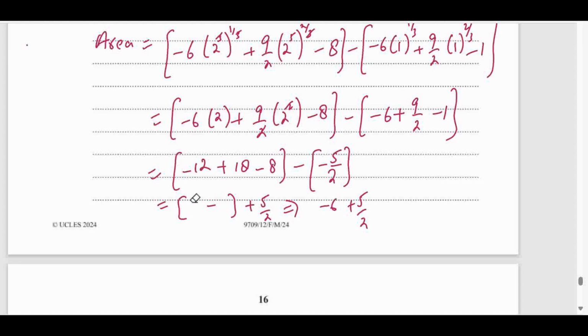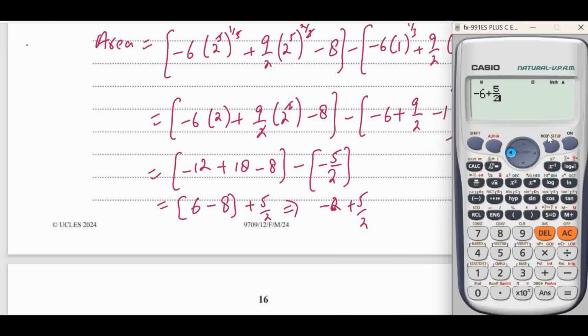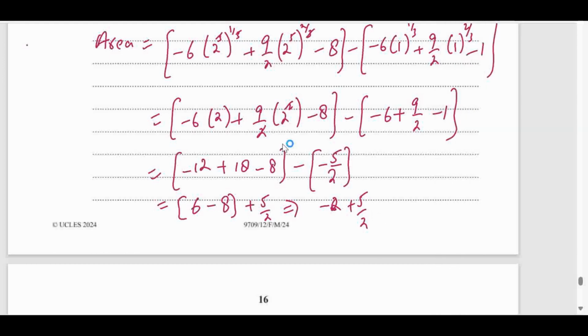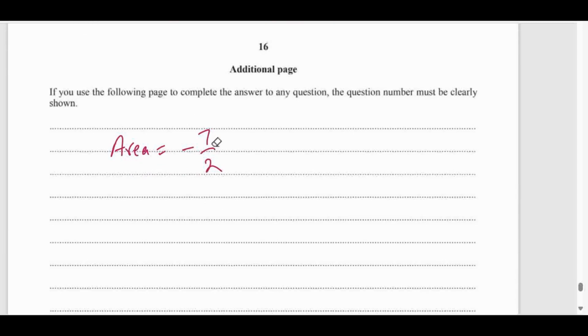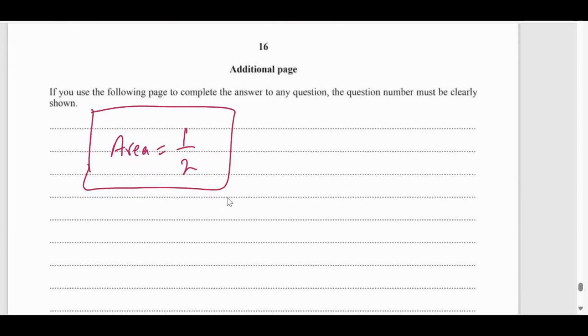So here we will have 6 minus 8, and 6 minus 8 is minus 2. So this should be minus 2. So the final answer will be: area is equal to 1 over 2. So this will be the final answer.